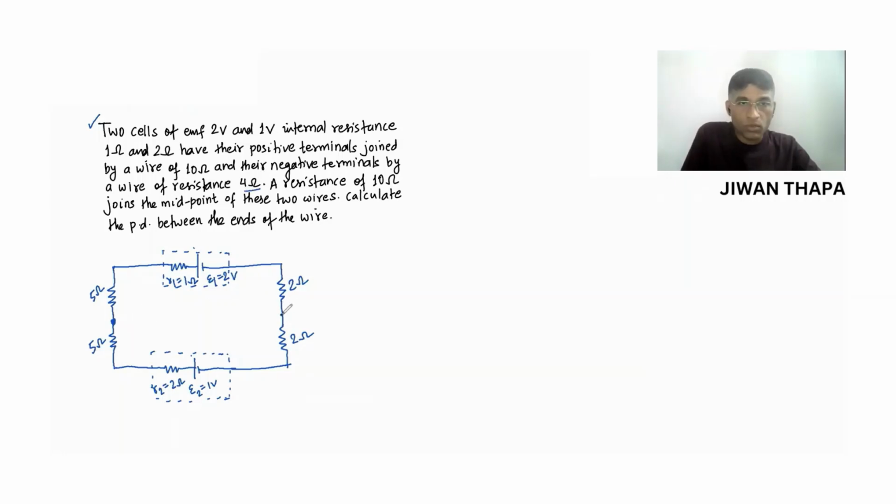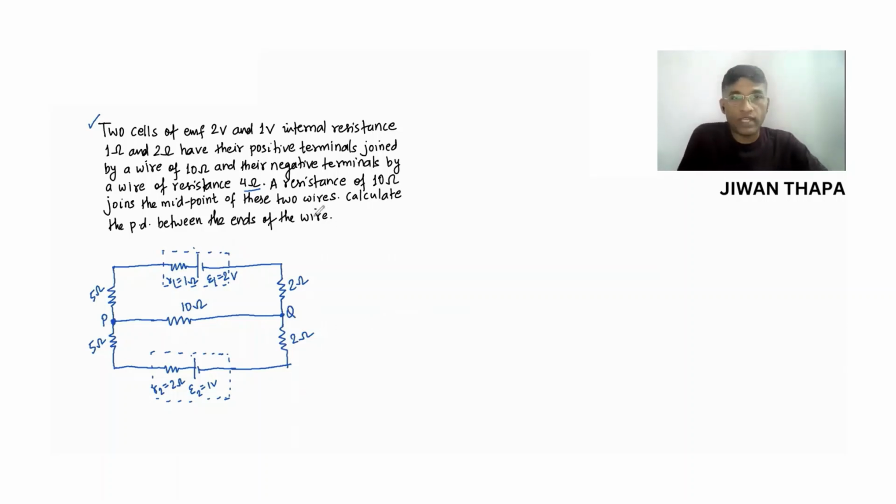So the midpoint is joined by a wire having resistance 10 ohm, and let this point be P and this point be Q.